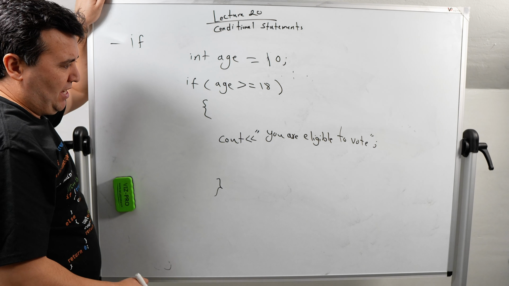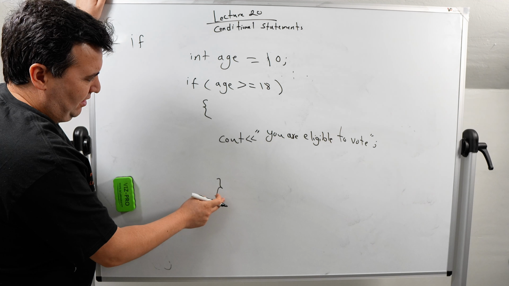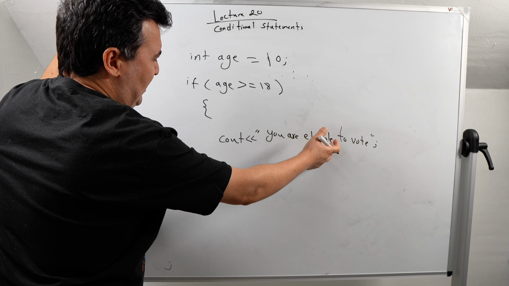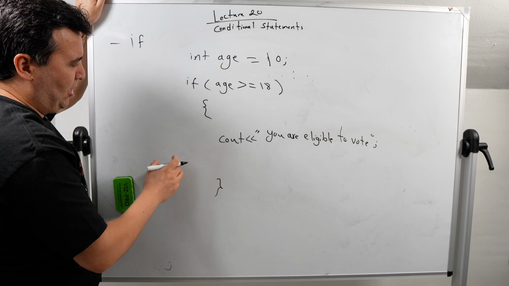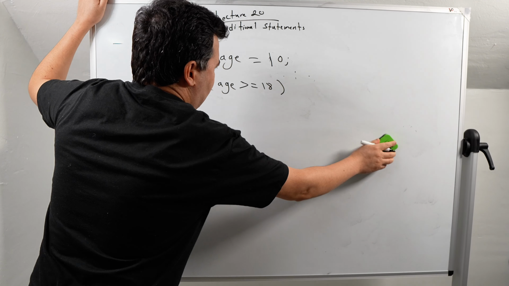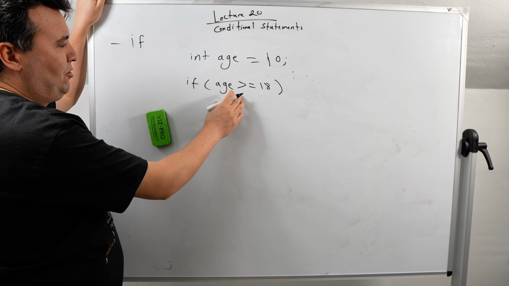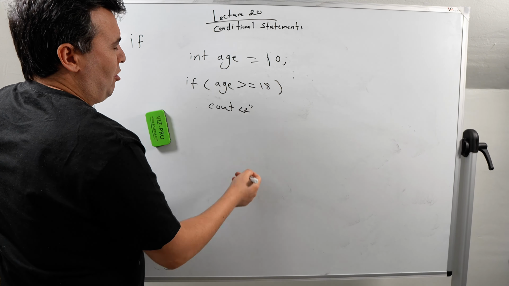One more thing I can add here: these curly braces are optional. If you have one statement, you don't need to put that statement inside the curly braces. So you can delete the curly braces if you want to, for example, if your condition is true and you want to execute only one statement.